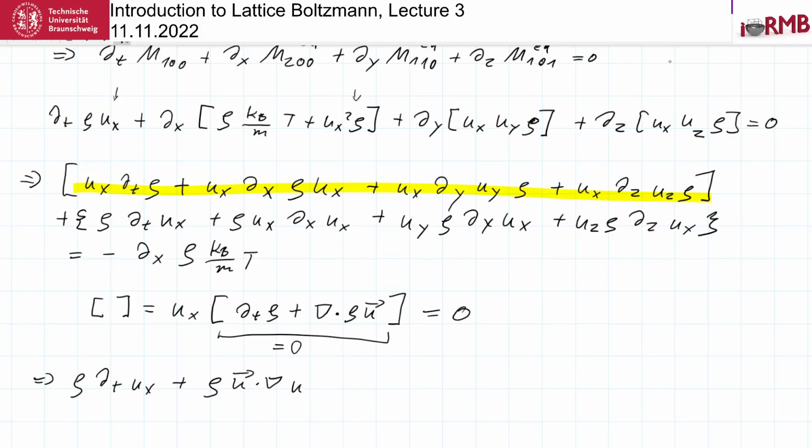So what you observe here is that we have ux times dx on ux, we have uy times dy on ux, and we have uz times dz also on ux. So this will give us vector u, scalar product with nabla, and this applied to ux. And this is equal to minus dx of rho k Boltzmann times t divided by m.